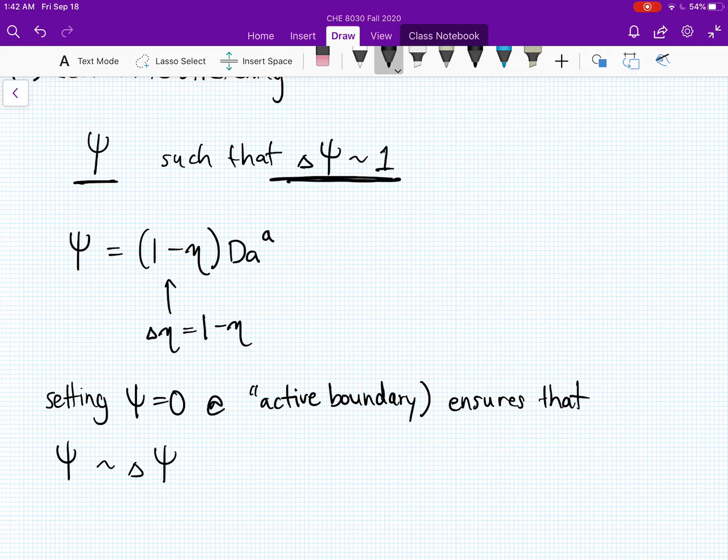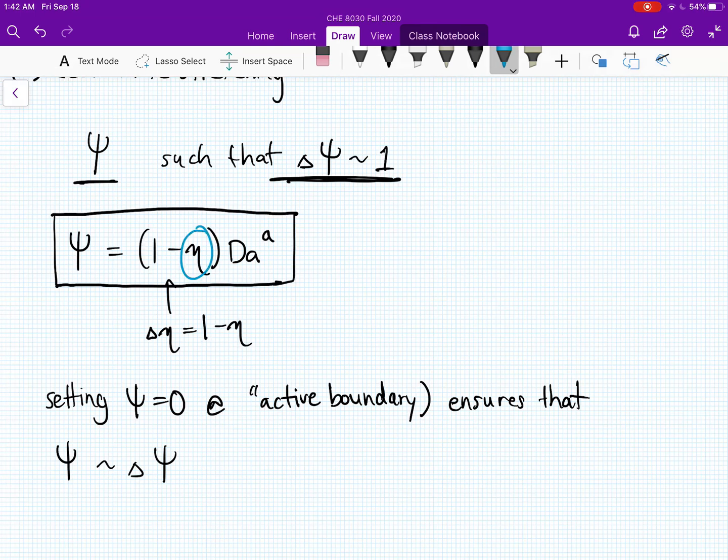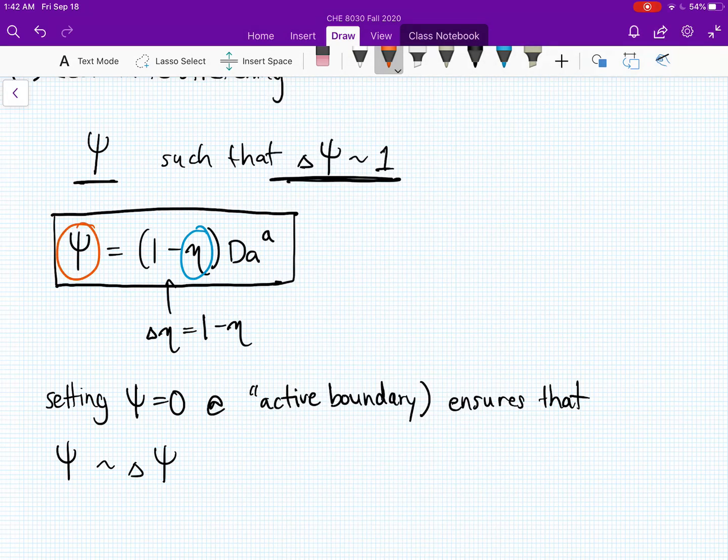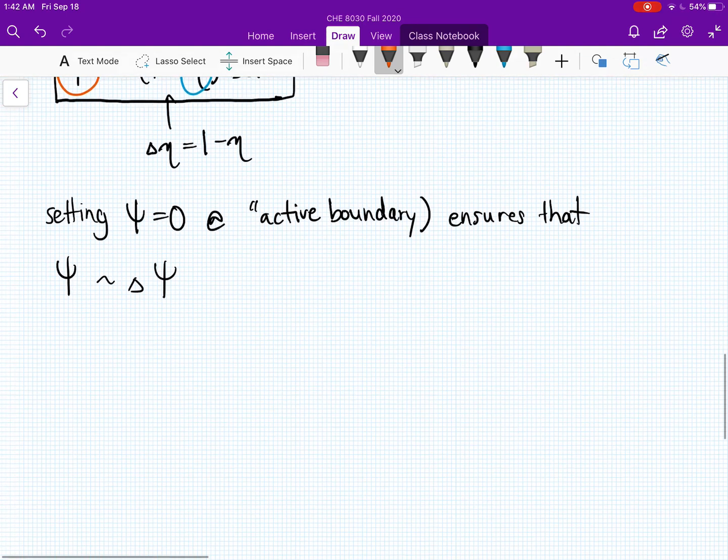So we have now, similar to what we have done before, defined a new variable. Our old equation had etas. We would like to replace those etas with psis. So we follow our same procedure.